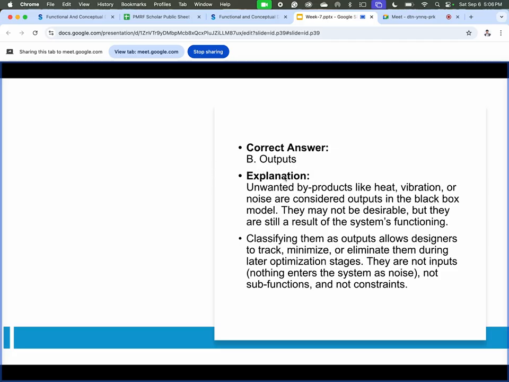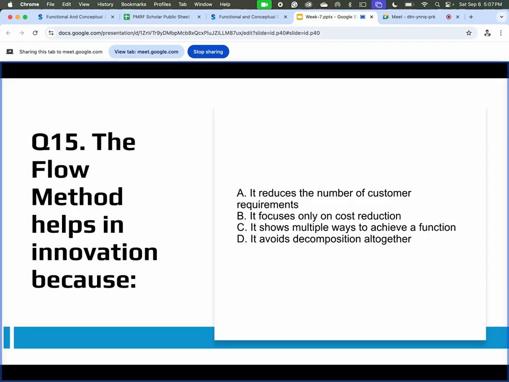Now you may go through this slide by yourself. Please read the small explanation part. Hopefully it will be really helpful for you. Moving towards the next question, question number 15.